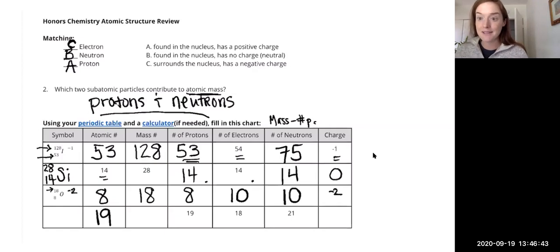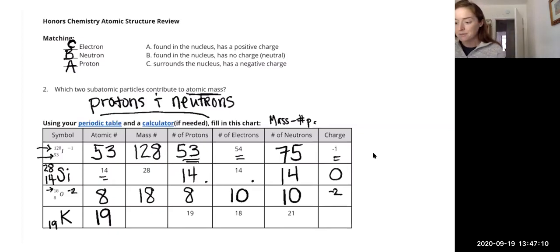It's one of the metals that we watched the video of. We saw it reacting. It's potassium, and it's another one that doesn't have the same abbreviation as the letters in the name. So its symbol is actually K. Okay, so we already know that its atomic number is 19. That goes down here.